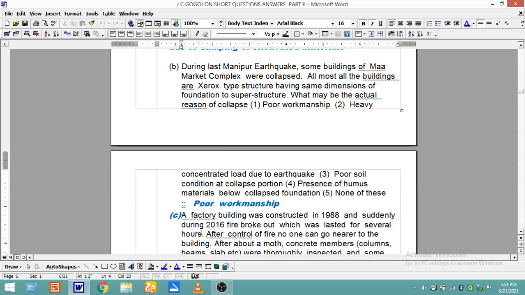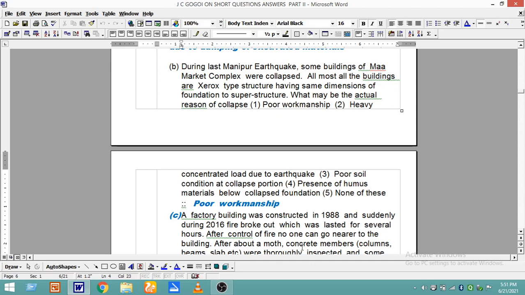A factory building was constructed in 1988 and suddenly during 2016 a fire broke out, which lasted for several hours. After control of the fire, no one could go near the building.